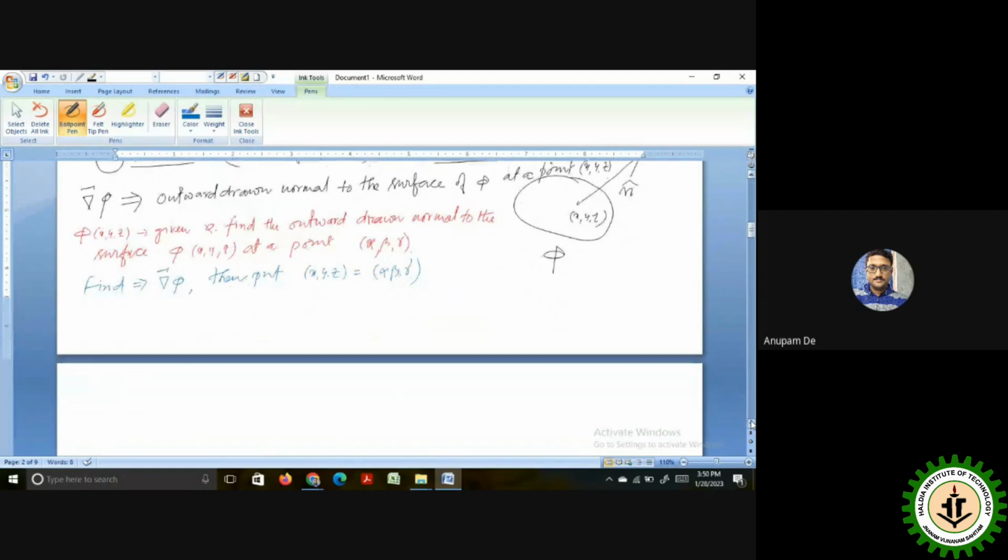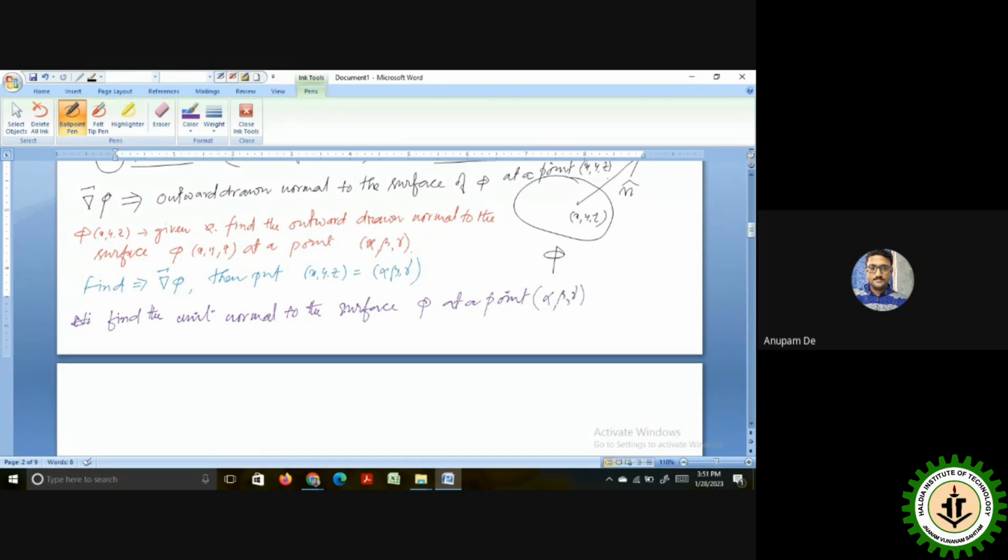Next, sometimes the question may have some twist. Like you'll be asked, find the unit normal to the surface phi at a point alpha, beta, gamma.